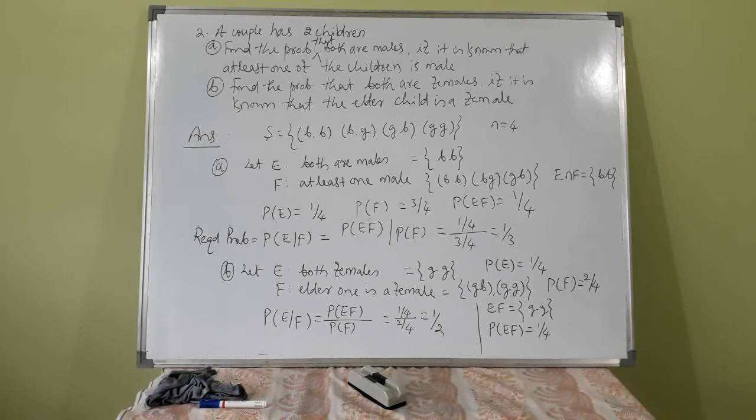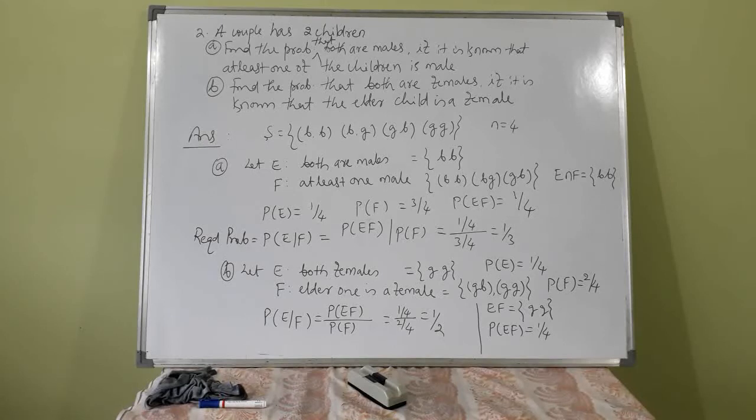Similarly for part B, E is both females, GG. Elder one is female, that is GB, GG. Elder one is female means only these two combinations. The other ones, boy and girl, and boy and boy, cannot be the event F. So probability of F is 2 by 4.